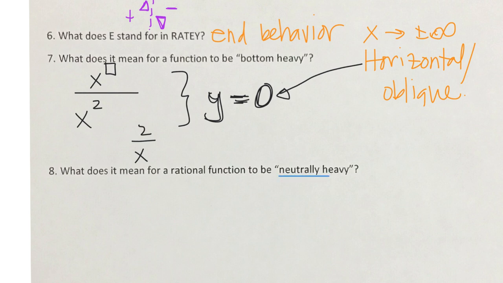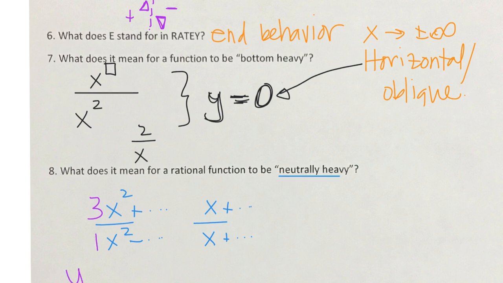What about neutrally heavy? That means the powers are the same in your numerator and your denominator, like x squared over x squared, or maybe x over x. As long as the powers are the same, we have a neutrally heavy rational equation, and then we look at your coefficients.